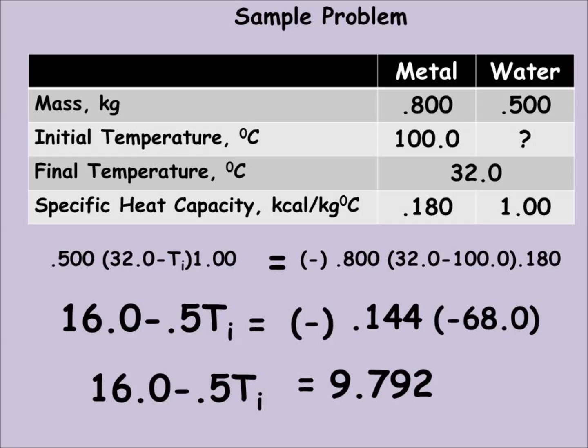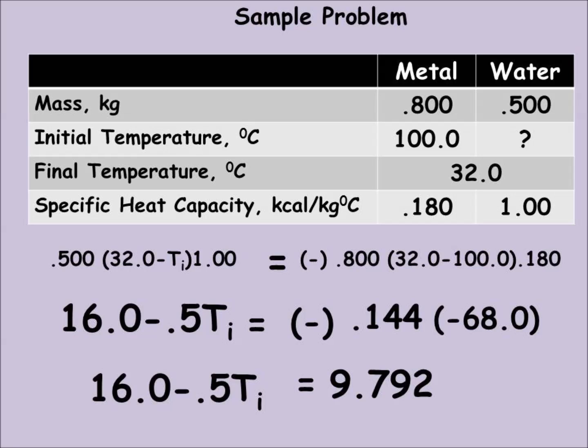And so you should see 0.5 quantity 32.0 minus TI quantity times 1 equals negative 0.8 quantity 32 minus 100 quantity 0.18.